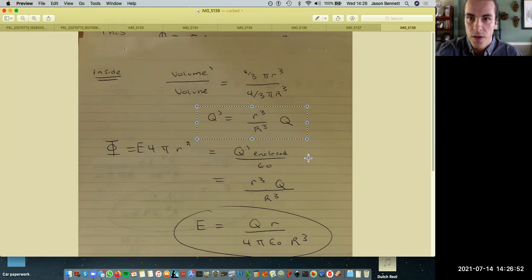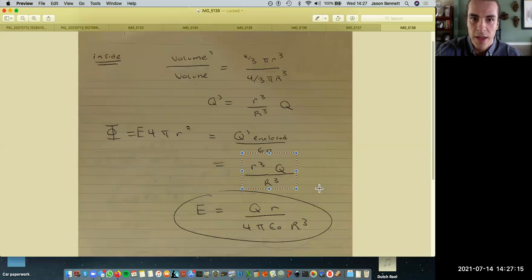Then, just like in the last problem, the flux doesn't change. It's still the same amount of field lines penetrating our sphere. And so I equate this to Q prime enclosed over epsilon naught, and I replace it with this thing. Plugging that in here, I bring this underneath the denominator, and I cancel out some r's because I have an r to the third up here and an r squared here.